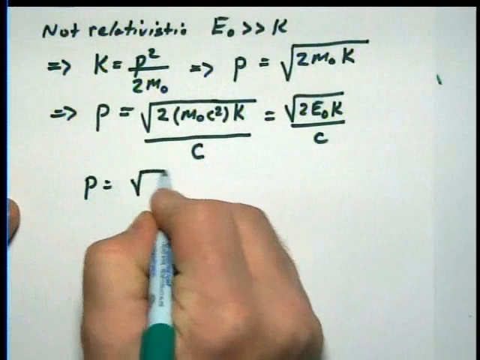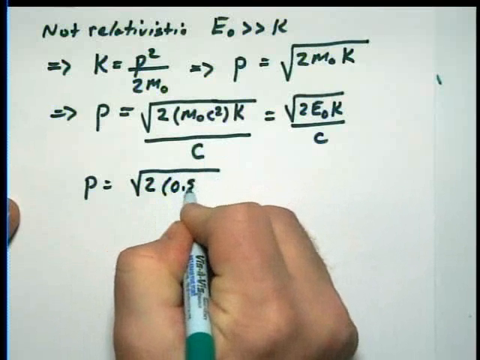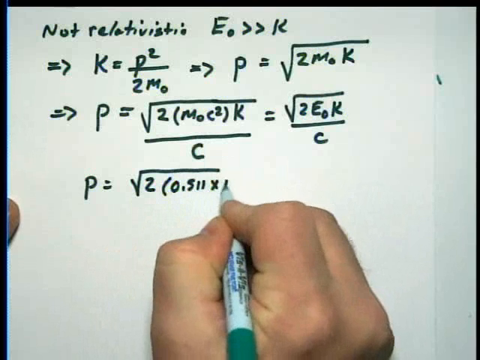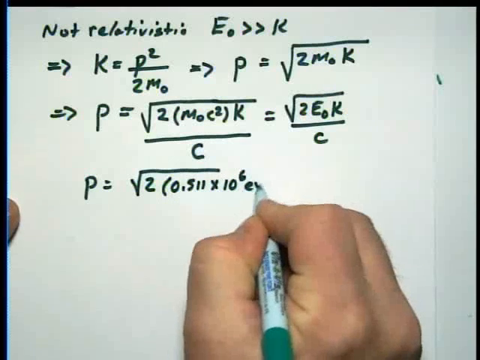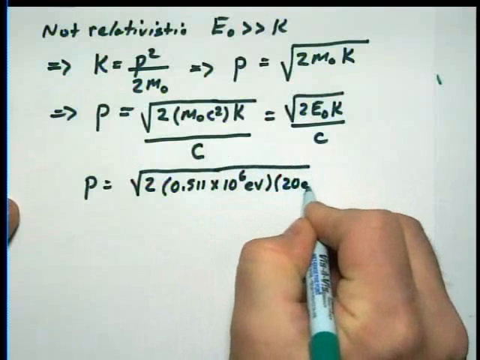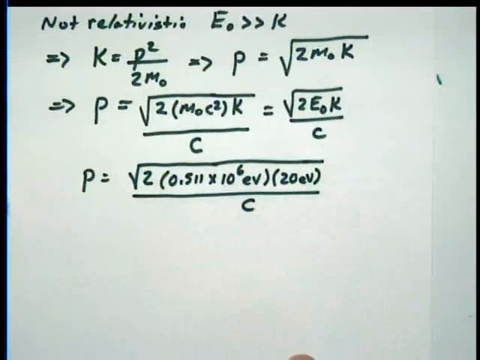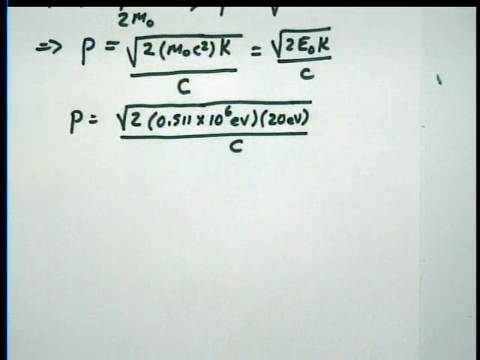P is the square root of 2 times 0.511 times 10 to the 6th eV times 20 eV, over c. Now why did I choose to do that?